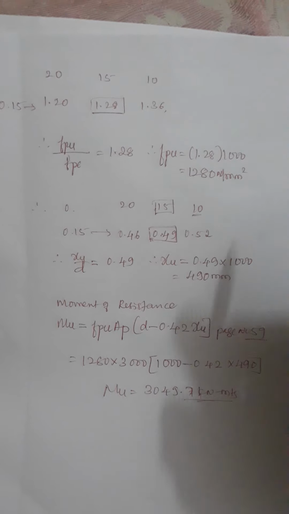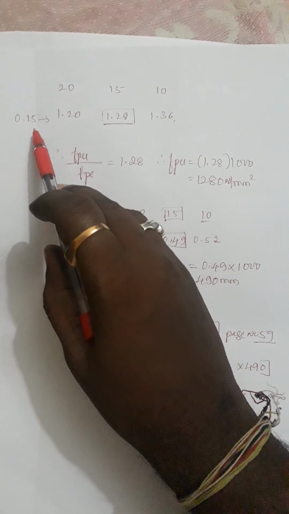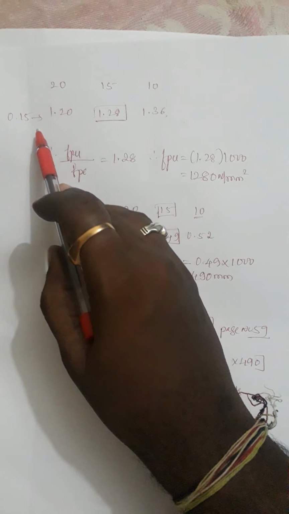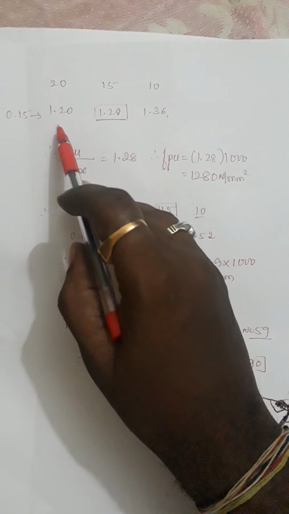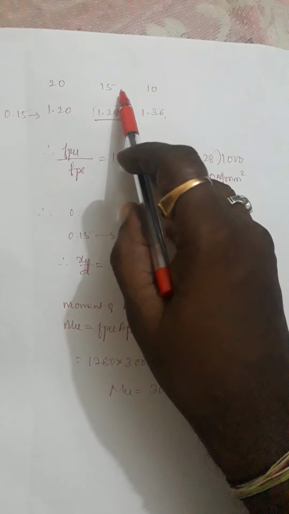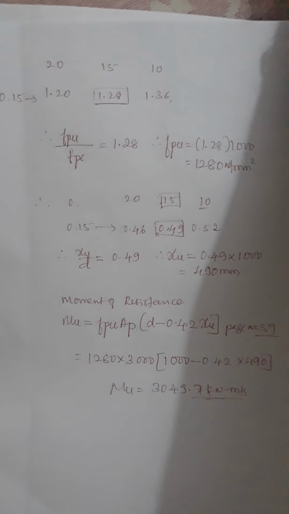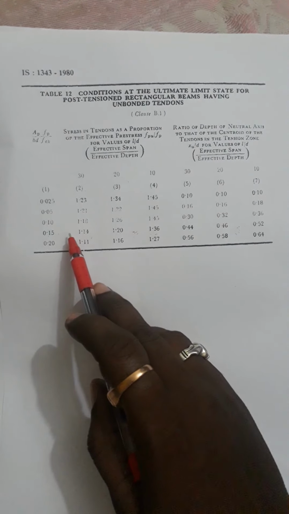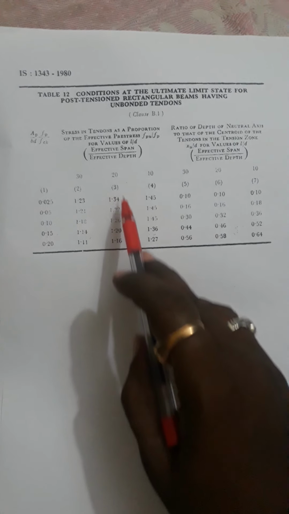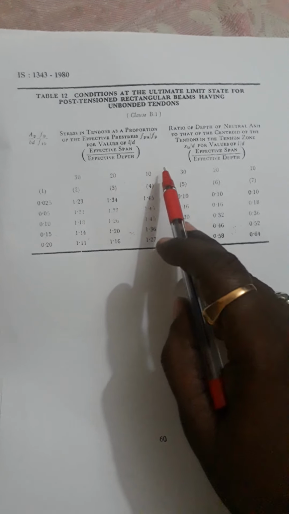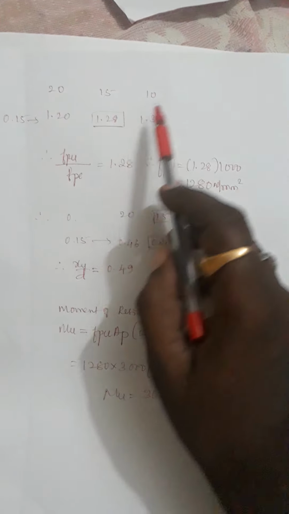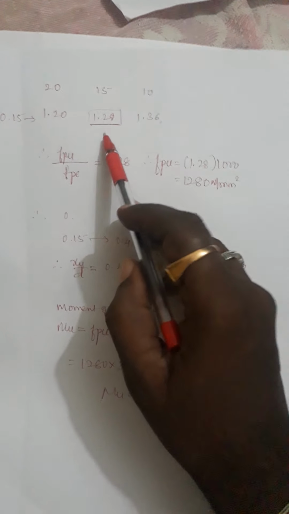So for the effective reinforcement ratio 0.15, for 20 it is 1.20 and for 10 it is 1.36. So for 15, how much?